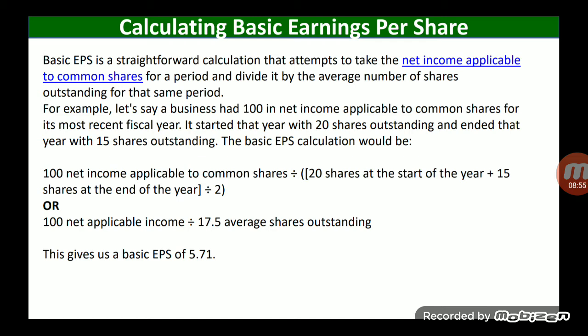So the average becomes 17.5. Take the same formula, 100 rupees net applicable income divided by 17.5, the average shares outstanding. This gives us basic EPS, that is 5.71. This is the earning per share.